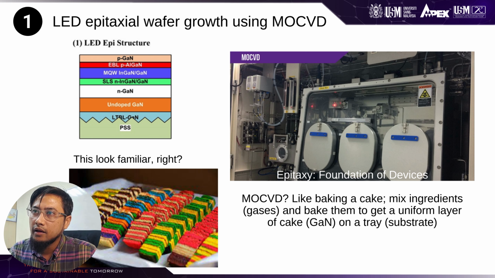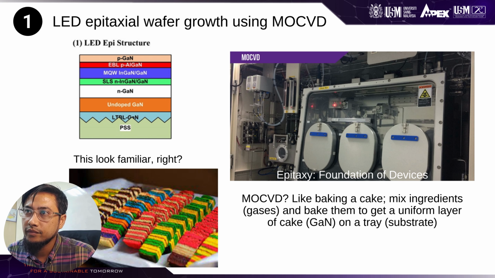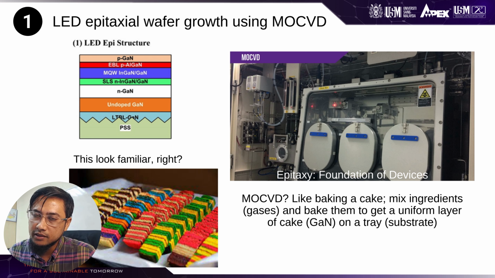In MOCVD, however, the ingredients are brought into the reactor in the form of gases, while heating up the tray, which we call the substrate in this process, to a certain temperature. By doing that, high quality GaN layers can be grown into a specific composition and thickness.